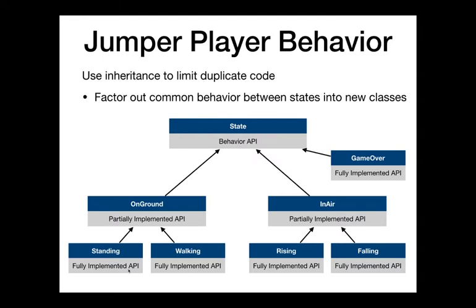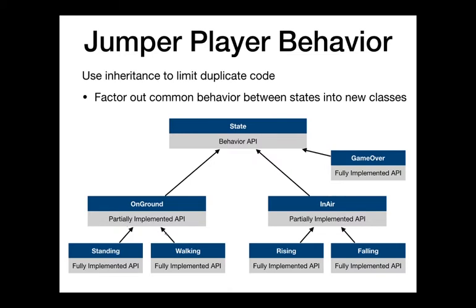But we're going to have a lot of common functionality between some of these states. So walking and standing, they're going to share a lot of common functionality. Similar to our health potion and ball example from last Monday, we can factor out that common functionality into some abstract class, and then only write that code once. So we're avoiding a lot of duplicate code.